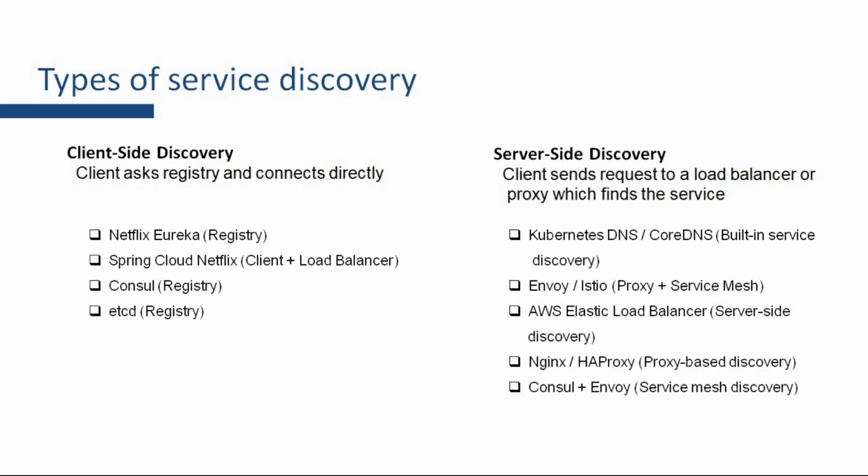It's a classic example of server-side discovery where the load balancer knows where to route the request. There are also tools like Nginx and HAProxy, which act as reverse proxies and route traffic based on dynamic service registration. And finally, Consul can be paired with Envoy to create a powerful service mesh setup, giving you fine-grained control over how services communicate. So with server-side discovery, the logic of finding services is handled outside the client, making things simpler and more centralized.